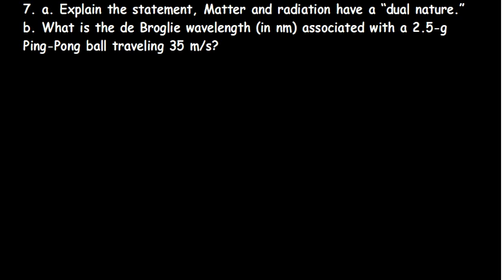B says, what is the de Broglie wavelength in nanometers associated with a 2.5 gram ping pong ball traveling at 35 meters per second? So we already talked about de Broglie wavelength, which comes from the wave particle duality. We said wavelength is equal to Planck's constant over mv, the product of mass and velocity, which is momentum.